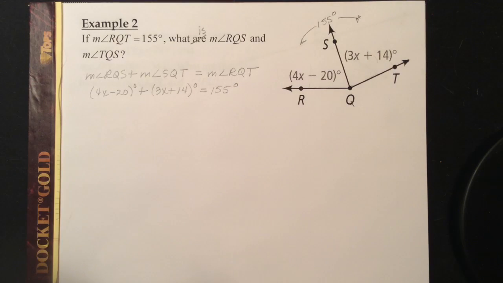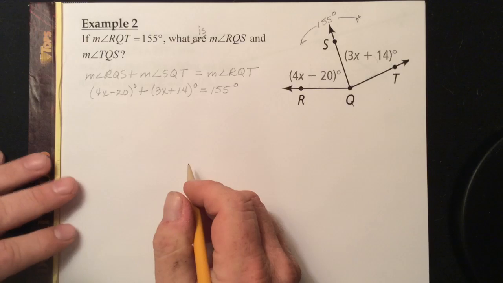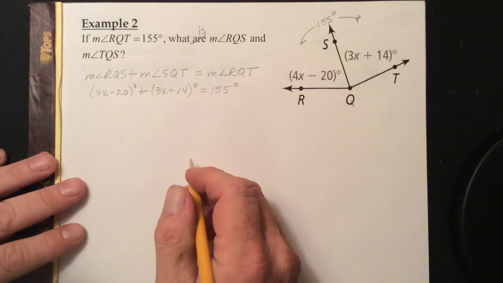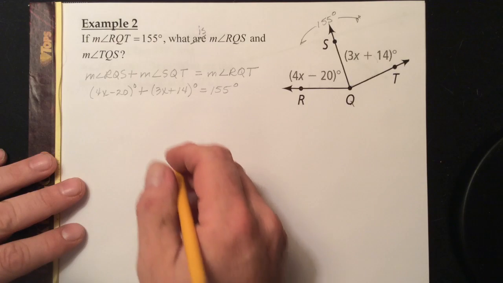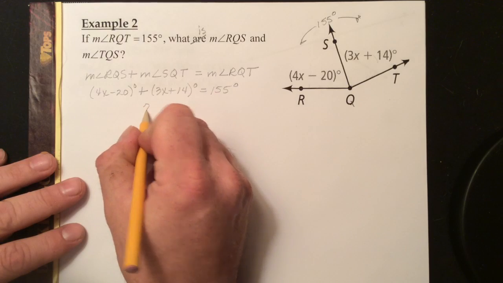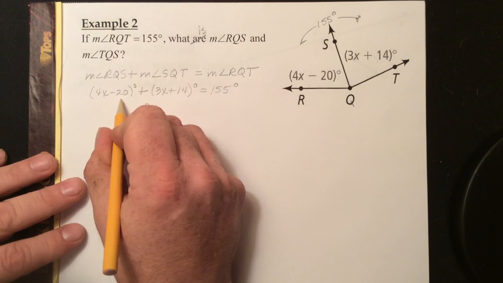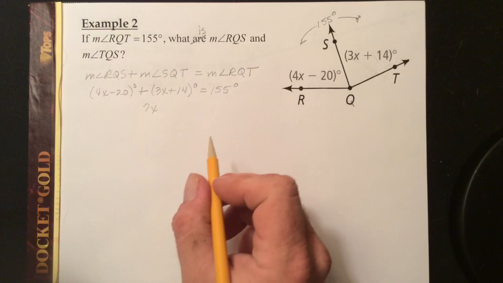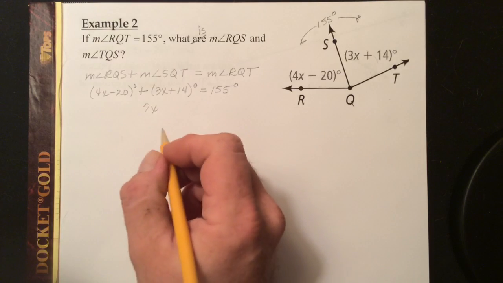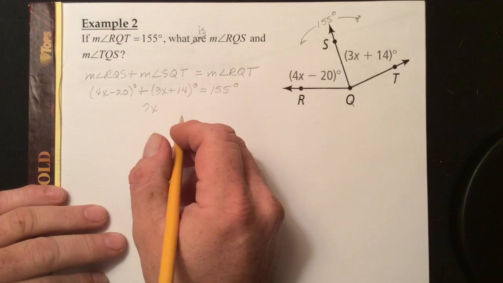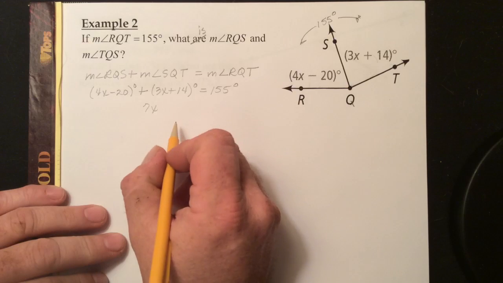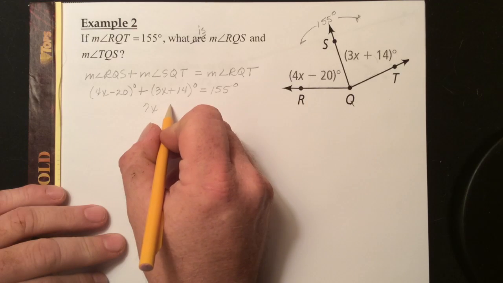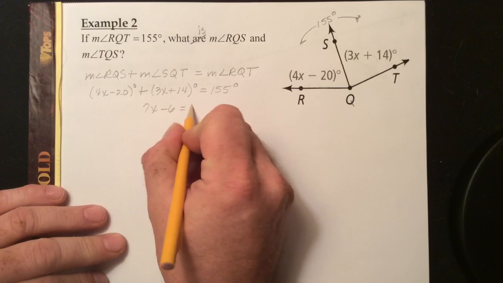Now that we have an equation substituted in, we use Algebra 1. Drop the parentheses and combine like terms. 4x plus 3x is 7x, minus 20 plus 14 is minus 6, equals 155.